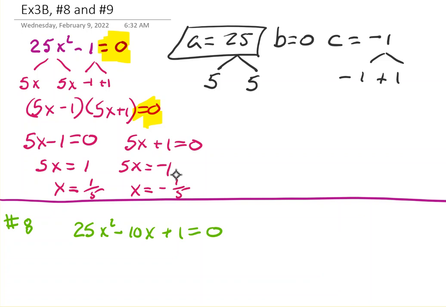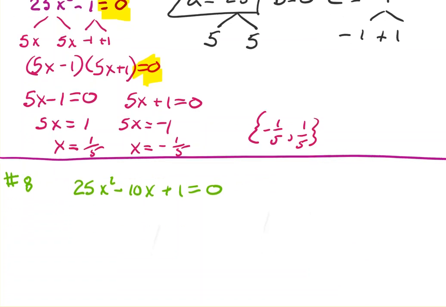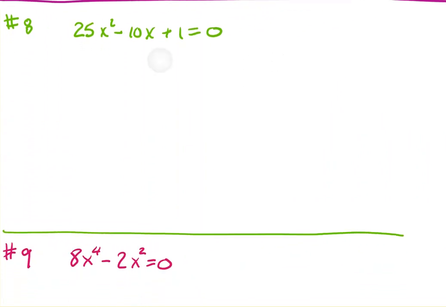By the way, don't forget, anytime there's a negative, it doesn't matter if it's in the numerator or the denominator, it belongs to the whole fraction. So here's our solution set, -1/5 and +1/5.